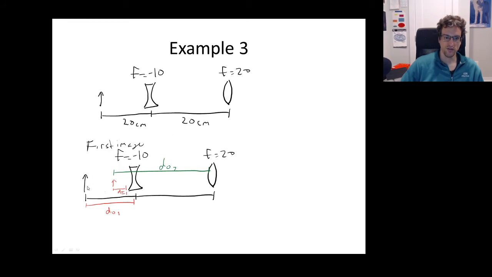Since this is a diverging lens, the first image is going to be smaller, in between the object and the lens, and that becomes the object for the second lens. So DO2, the object distance for the second lens, we're going to have to find by figuring out where DI1 is. I'll come back to this image on the next screen.